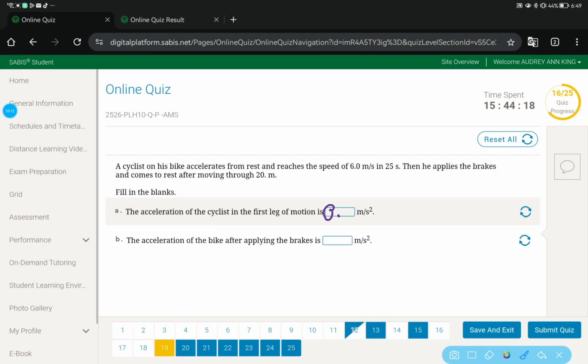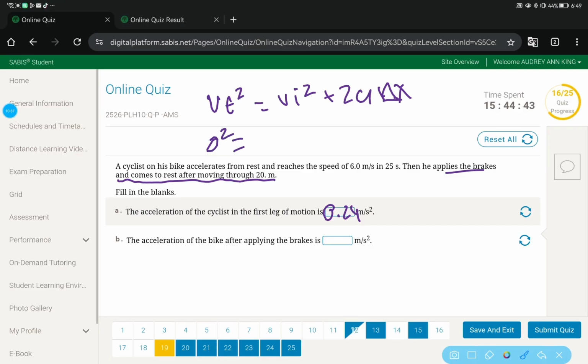Okay, so for part B, this is the part of the question we're going to need. And we need something which does not have time in it, which is velocity final squared equals the initial velocity squared plus 2a delta x. So we get 0 squared equals 6 squared plus 2, and then I'm going to call acceleration h, times 20.